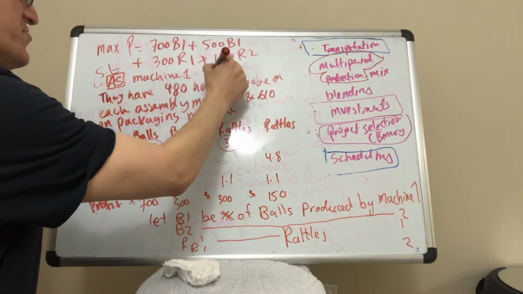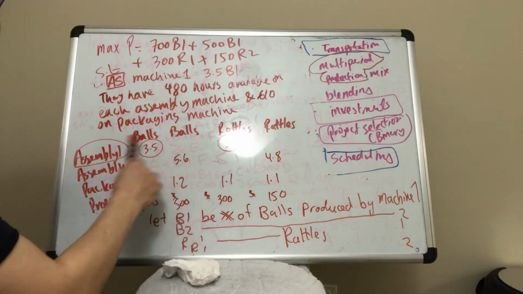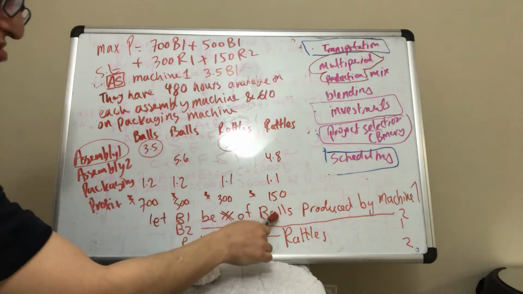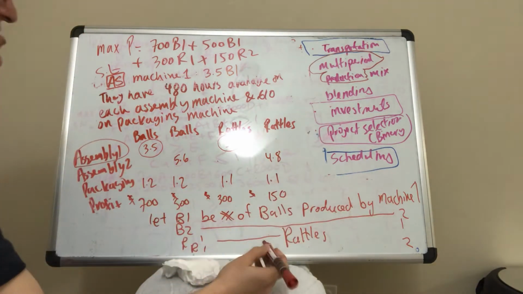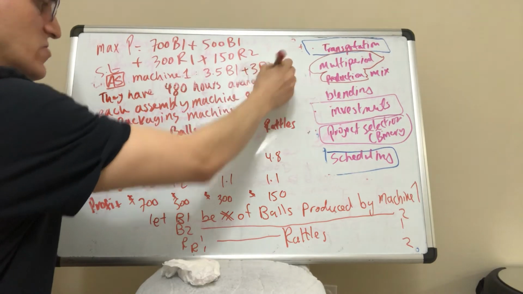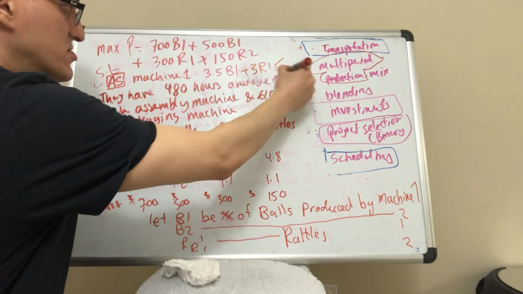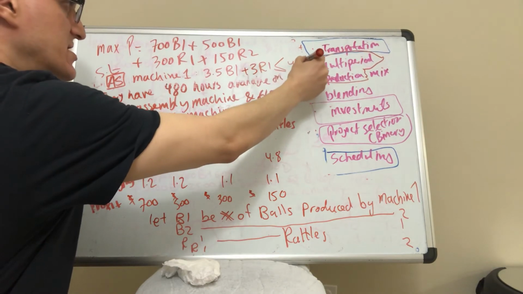They need 3.5 to do a ball, B1, because balls produced by machine 1 are called B1. And they need 3 R1, rattle in machine 1. But you gotta make sure not to exceed 480, what's available.